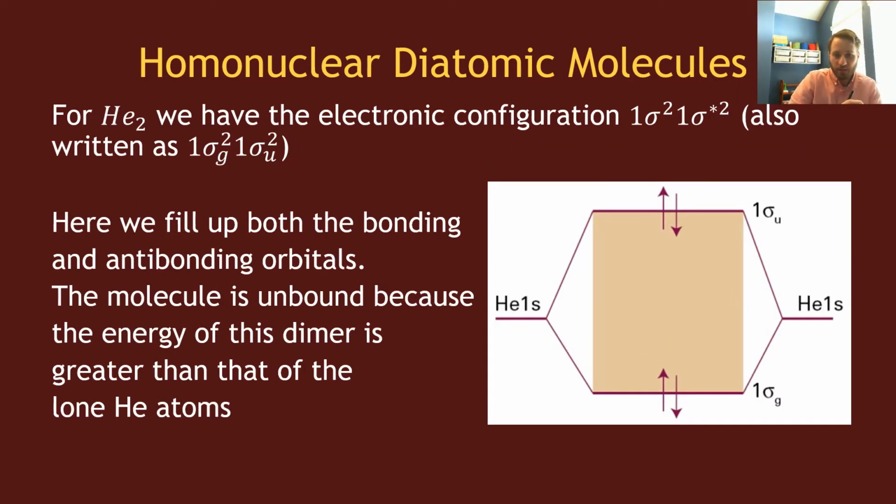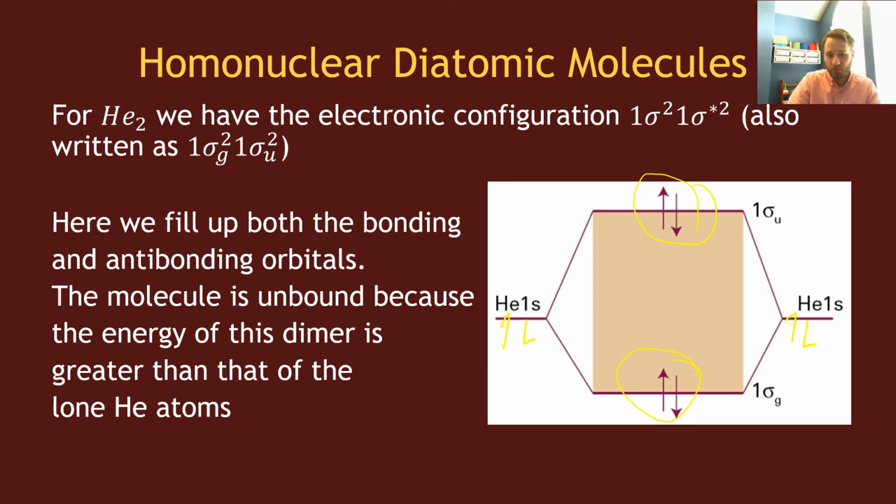As we talked about in the previous video, He2 doesn't exist because you would fill up 4 electrons in this MO diagram, and those 4 electrons would occupy the bonding orbital and the anti-bonding orbital, which has a higher energy than if you just left the electrons by the atoms themselves and didn't put them in bonding and anti-bonding orbitals.